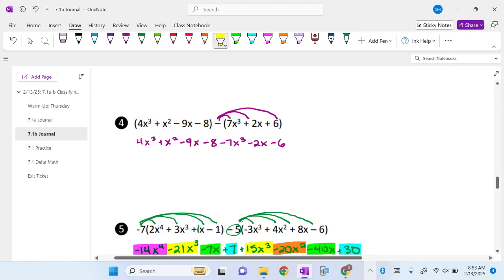Now, I'm doing this quickly. My like terms are my x cubes and my x's and my constants. The x squared is on its own. So if I'm writing in standard form, what variable and exponent comes first?